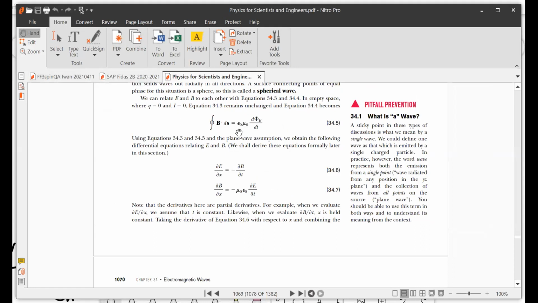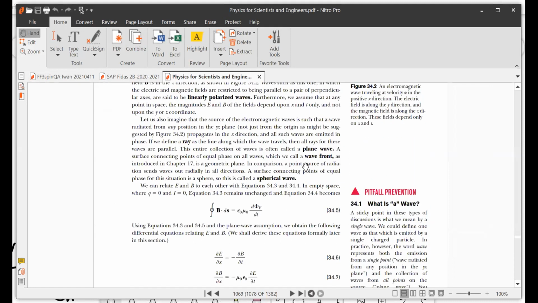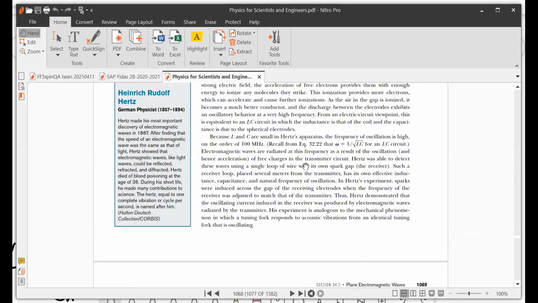Okay. So basically, we have to solve this Maxwell equation. This 34.6, this equation coming from the Faraday-Lenz equation, which is the third one here.